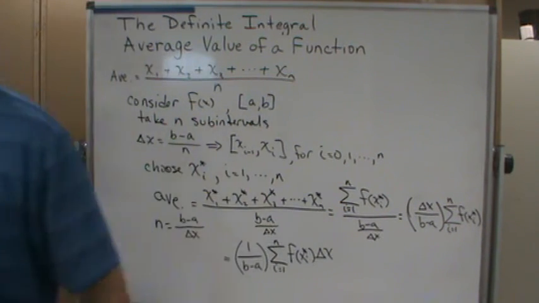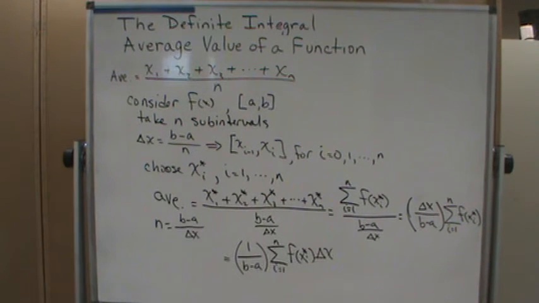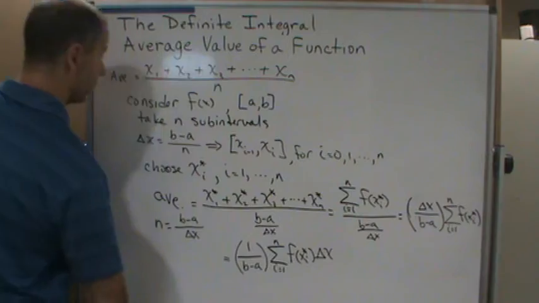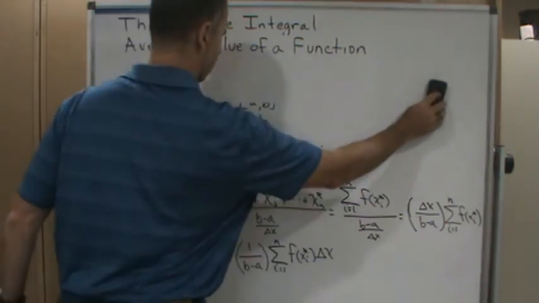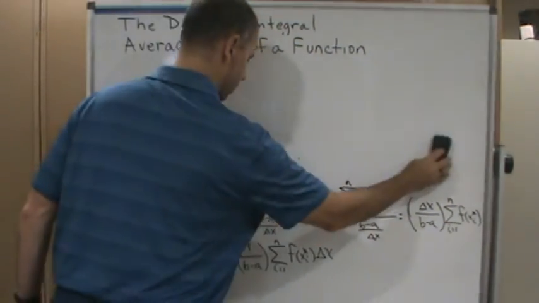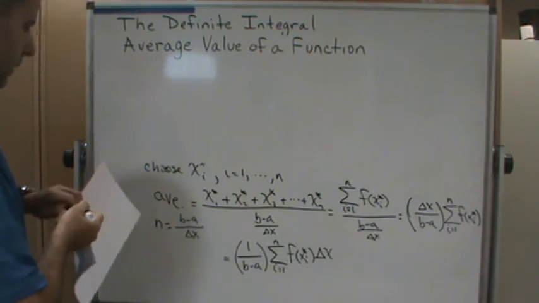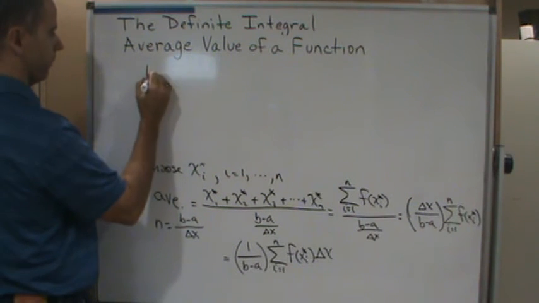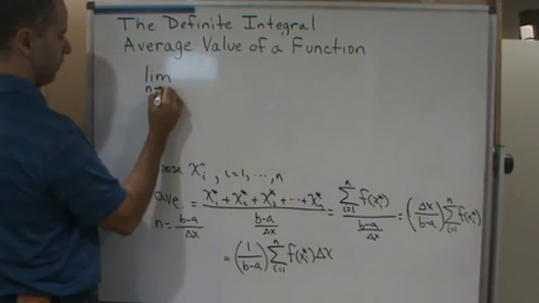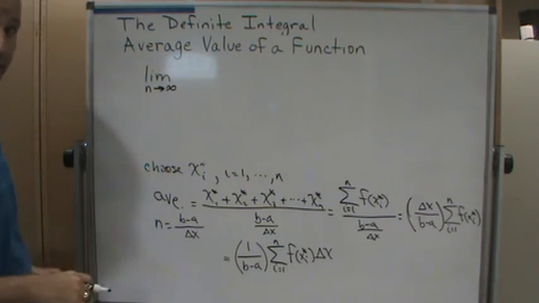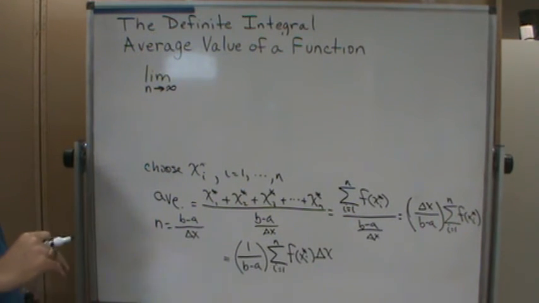So now, guess what I'm going to do? I'm going to use limits. So let's do that. So now I'm going to take the limit as n approaches infinity, right? So now I'm going to start increasing the number of subintervals to infinity.